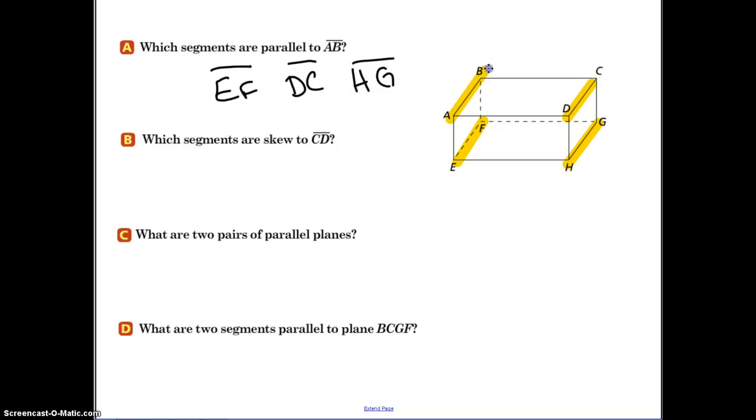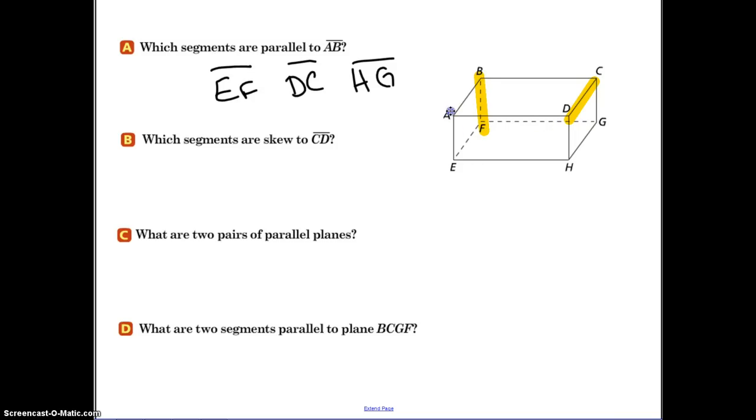So now our question is, which segments are skew to segment CD? Well, here's segment CD, and skew means that it is not in the same plane, it is non-coplanar, and not intersecting, and not parallel. The easiest way to find skew lines is basically you want to find a line going in the exact opposite direction.